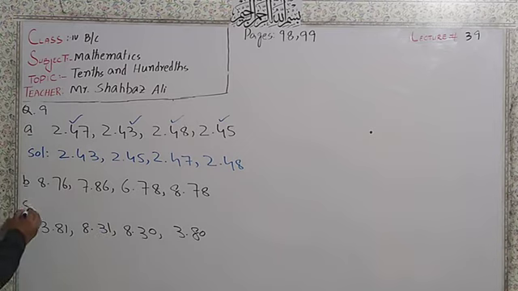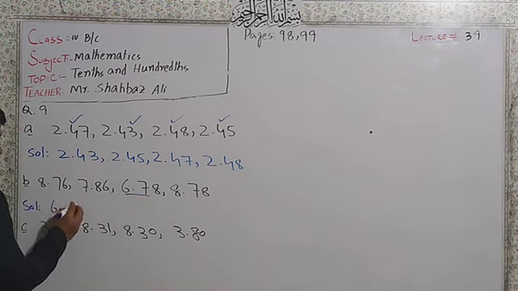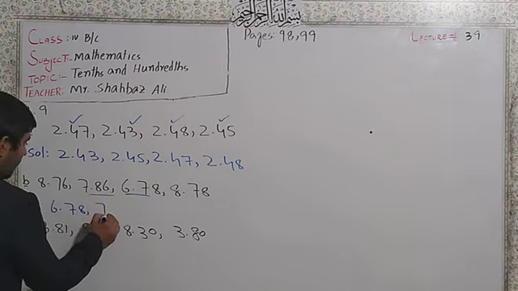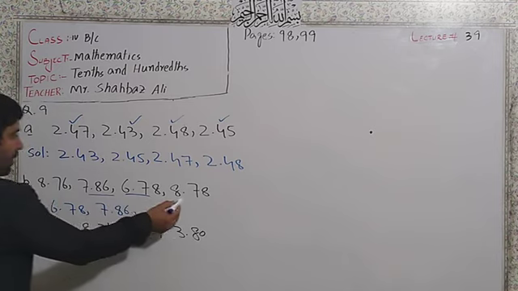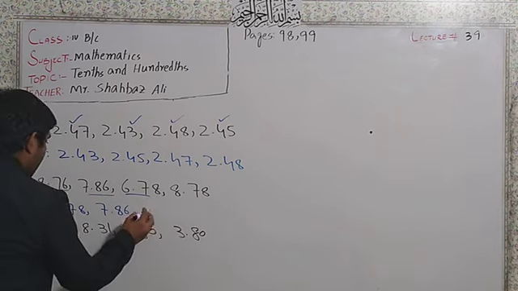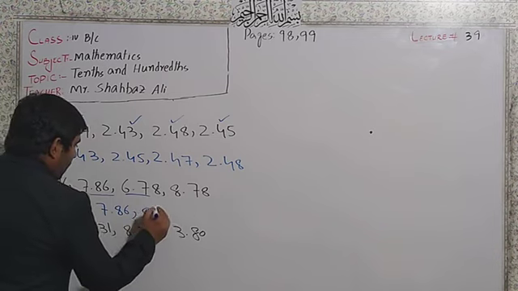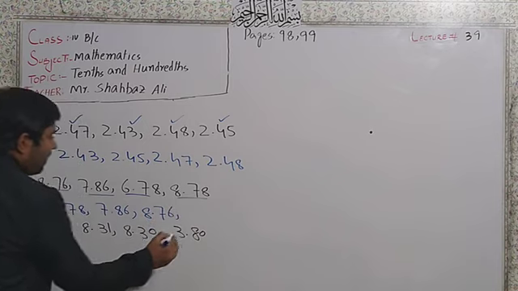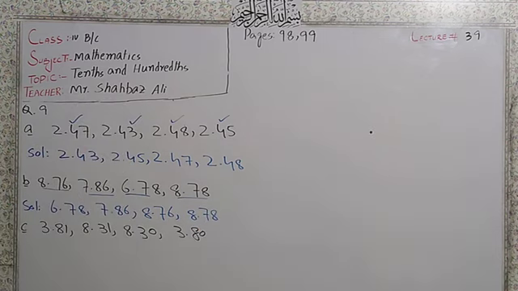So in the solution, we have to write this first one, 6.78, and then this one, 7.86, and then 8.76 and 8.78. This one is smaller as compared to this one, 8.76, and then this one, 8.78. This is called ascending order.